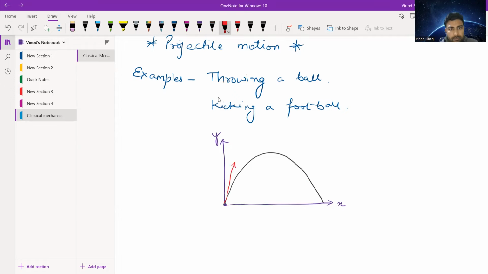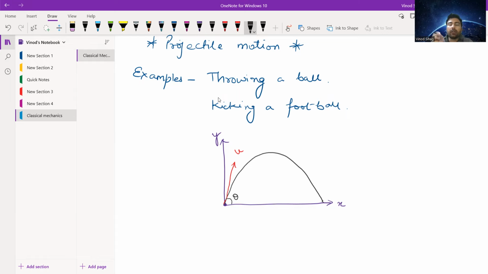This kind of initial velocity we are going to give, and it is making an angle theta with the horizontal axis.